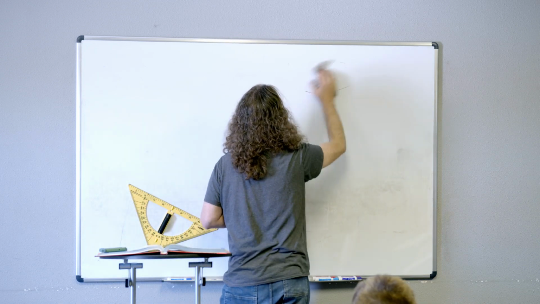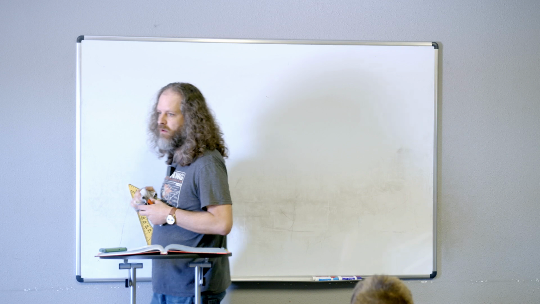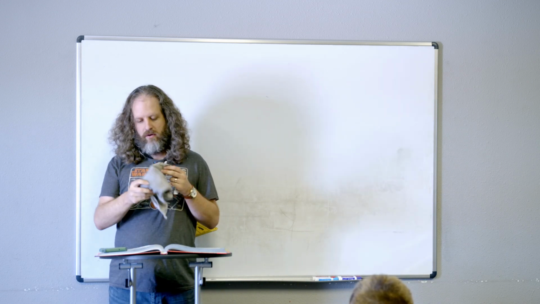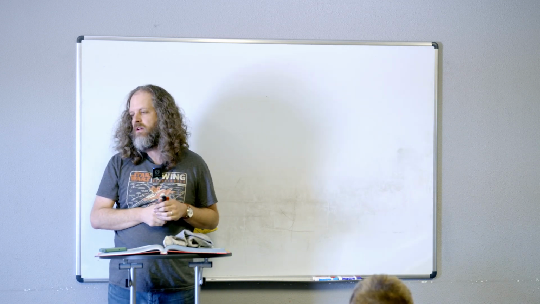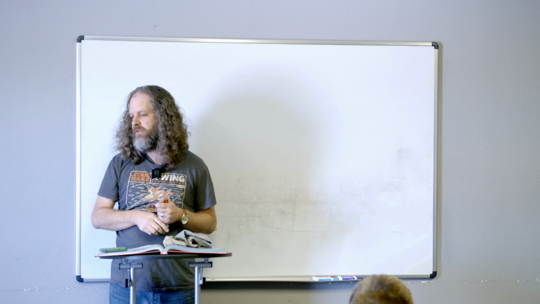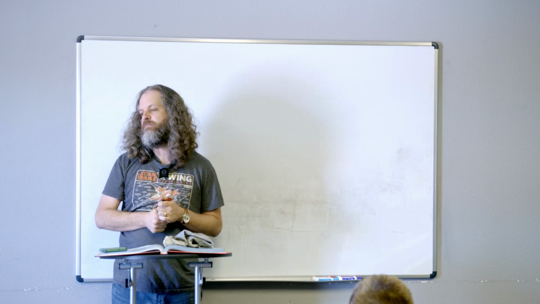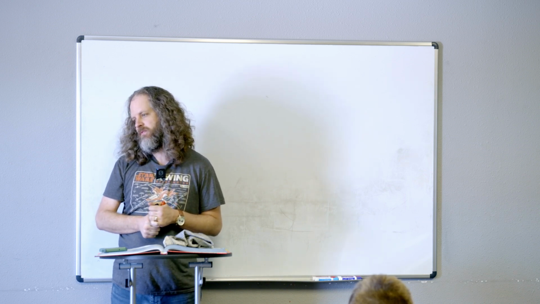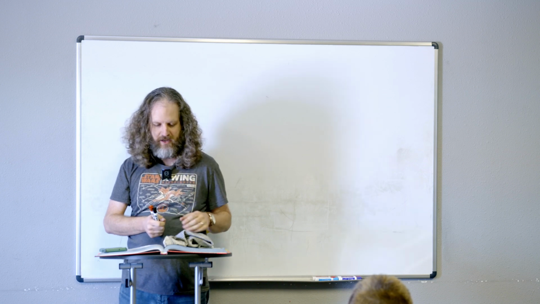Wait. What? No, they weren't the same sign. It was positive 8, so you subtract it off. So 6 minus 8 is what? Yeah. So it was a sign mistake. It's okay.